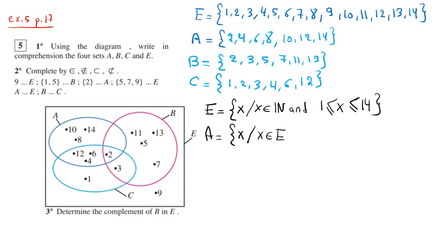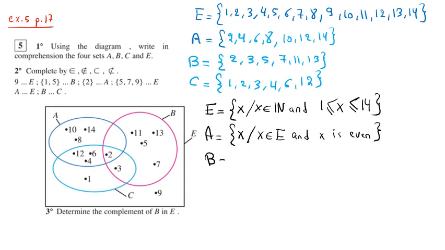Now we will take A: 2, 4, 6, 8, 10, 12 and 14. What are these numbers? We can say they are multiples of 2 since we increase 2 by 2, or we can say that X is even. X is even is true, and X is a multiple of 2 is also true.